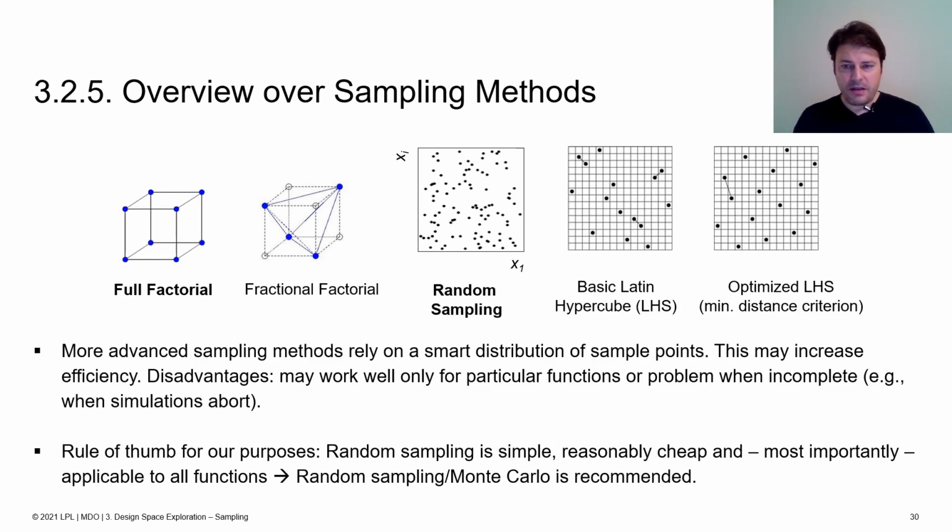So let me comment briefly on other sampling methods and then summarize. In addition to full factorial, there is also a fractional factorial sampling method. And fractional factorial methods significantly reduce the number of required sample points.